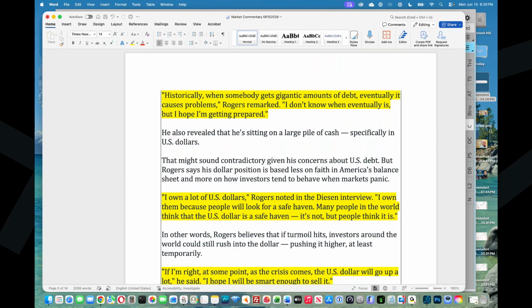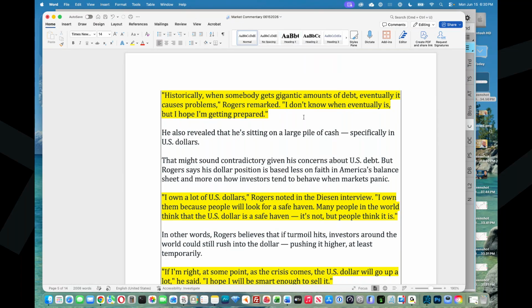Gold is at all-time highs already, so I don't know that it's going to keep going higher. And if our reserve currency loses its status, then maybe gold will be something to go to, but I doubt it. I don't think that's going to change anytime soon, because other countries will have the same issues that we have.